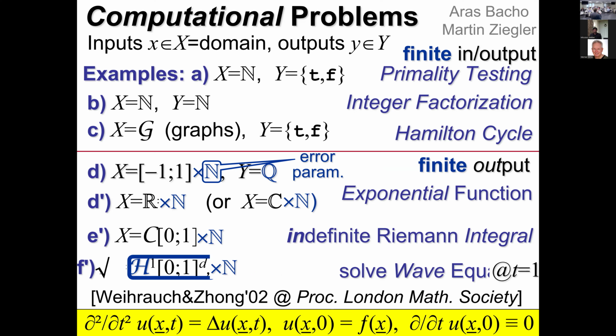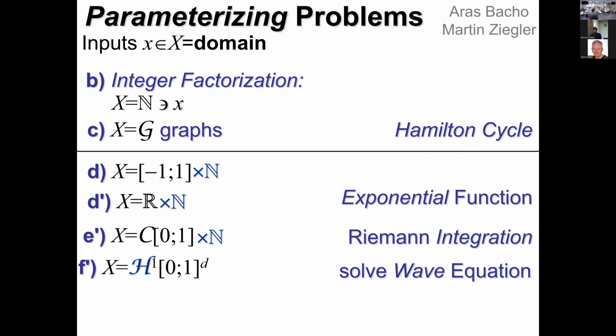And there are two major perspectives on the error parameter. One is binary, approximating up to error 2 to the minus n. No, that's the binary. And the unary is approximating up to absolute error 1 over n. So let's record reports of parameterizing problems, both in the discrete and in the continuous setting.